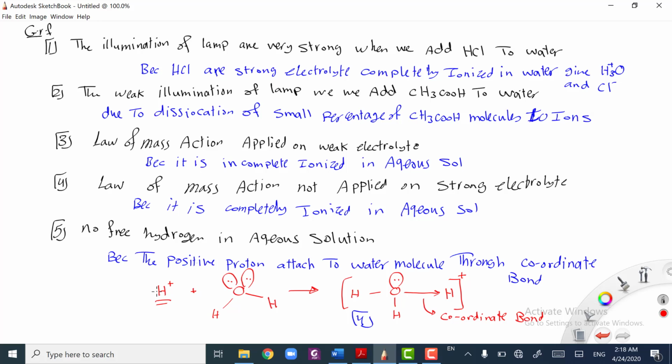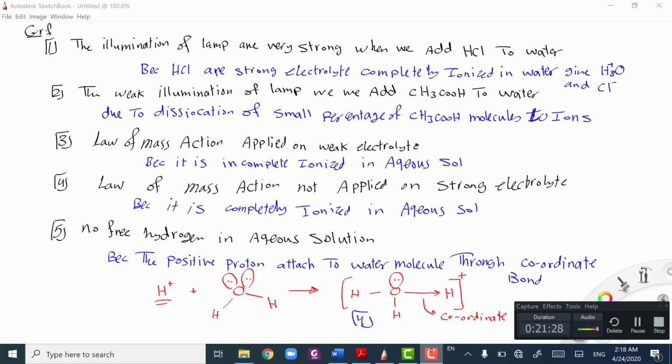Okay, let's go to comparisons that may be asked in exams. Important comparisons: Number 1, compare between proton and the hydronium ion.